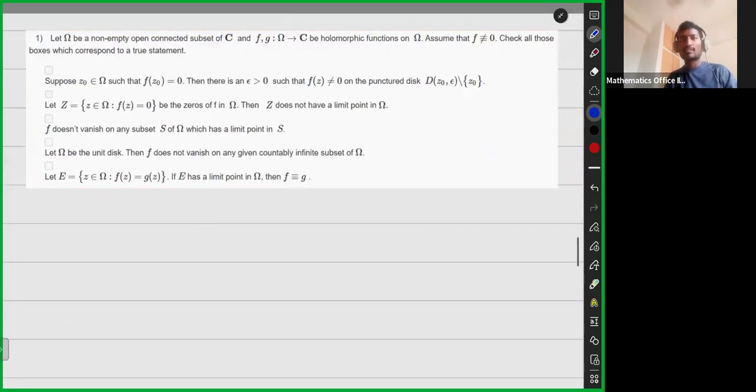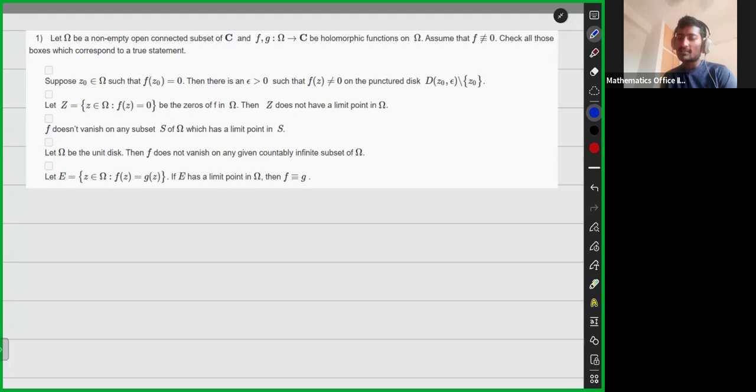So here is the first question. Let omega be a non-empty open connected subset of C, and f be a holomorphic function on omega. Assume that f is not equal to the 0 function, so somewhere it is non-zero. Which of the following statements are correct? Suppose z naught is inside omega. First option: f of z naught is equal to 0. So z naught is one element which is a zero of f.